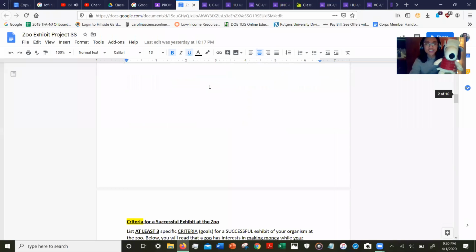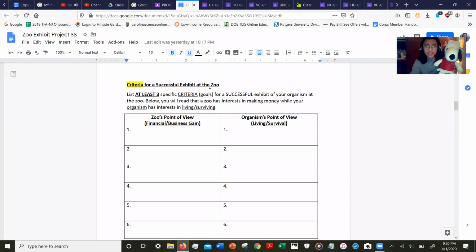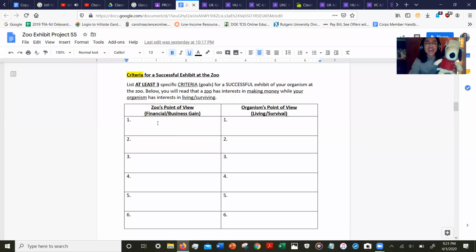If you scroll down a little bit more, you'll find a section about criteria for a successful, meaning this is good, a successful exhibit at the zoo. You should have already filled out at least 3 on the zoo's point of view of criteria for a successful exhibit, and also 3 criteria from the organism's point of view for a successful exhibit at the zoo.